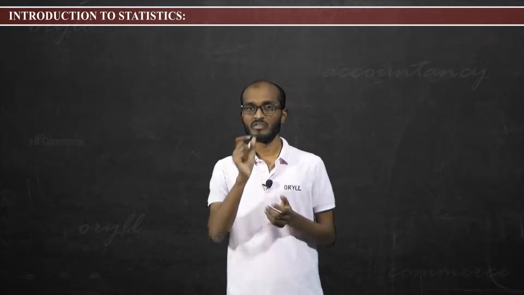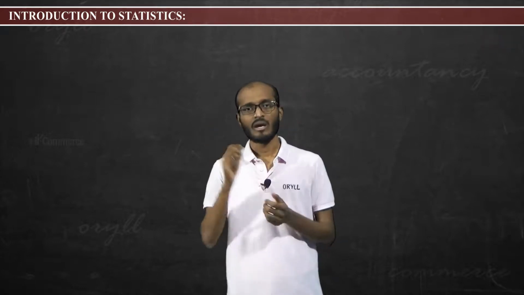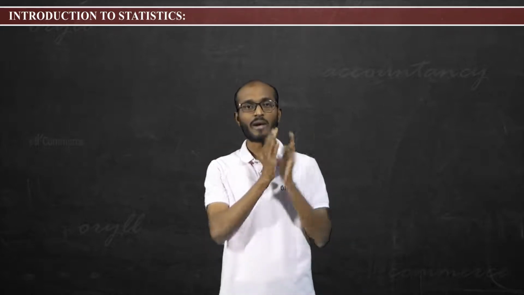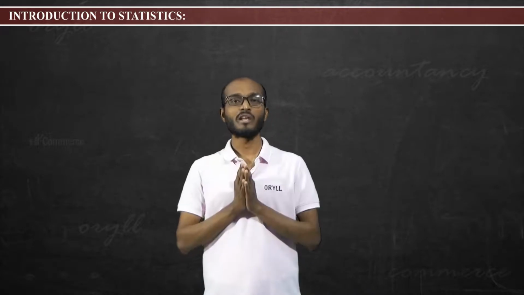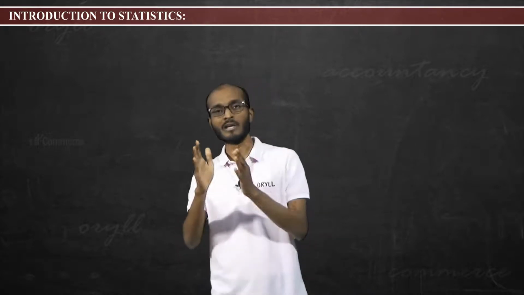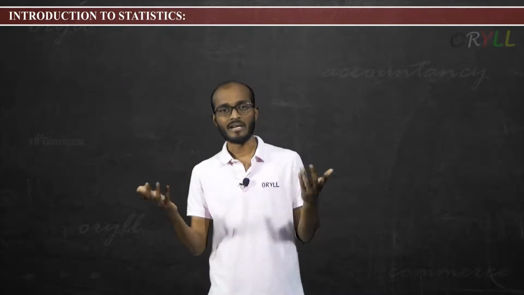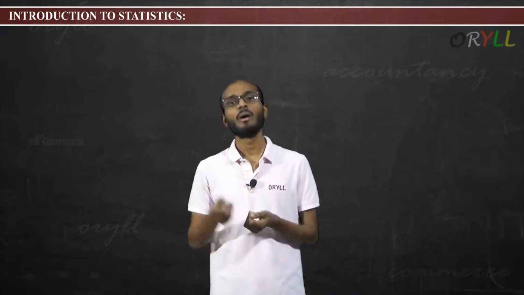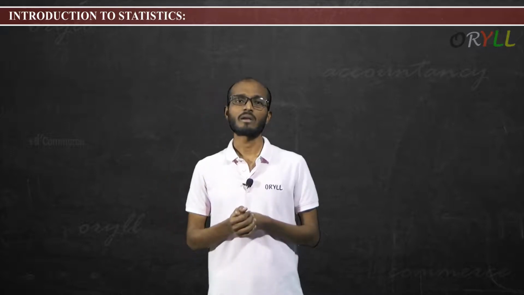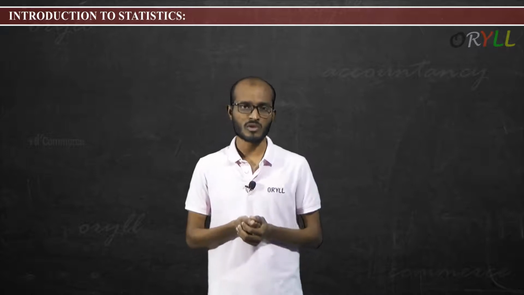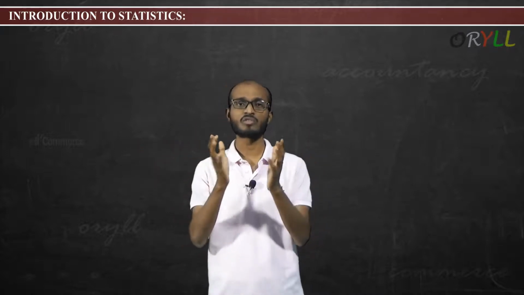In logarithms, the value of e and the value of pi, 22/7, all these are constants. That is not our part now. Variable means whose value varies from time to time and place to place. In our statistics, we are talking about variables like heights, average marks of students, profits of a company, GDP growth, or a different example, crop yields. All these are the variables I want to study.